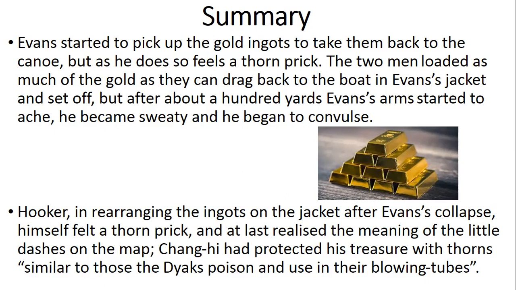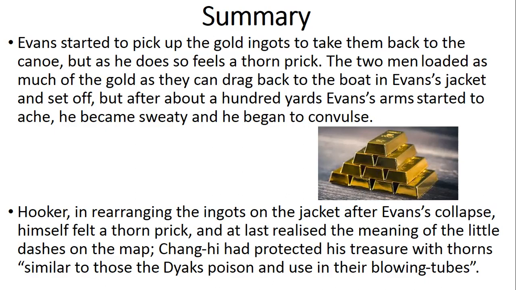Now one friend, Evans, had collapsed, because of the prickly thorns, the poisonous thorns. After Evans's collapse, Hooker himself felt a thorn prick, and at last realized the meaning of the little dashes on the map: there were prickly thorns. Chang He had protected his treasure with thorns similar to those the Dayaks used in their blowing tubes.